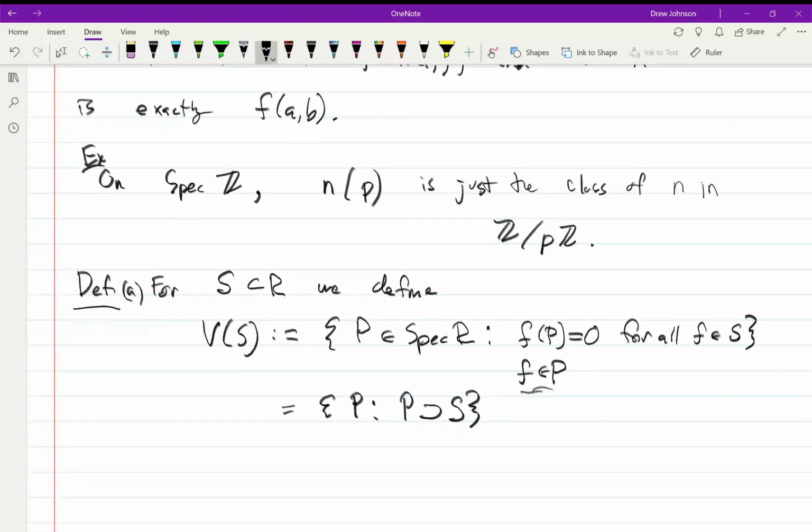All right, so that's part A of the definition. And then part B, of course, we want to define the ideal of a subset.